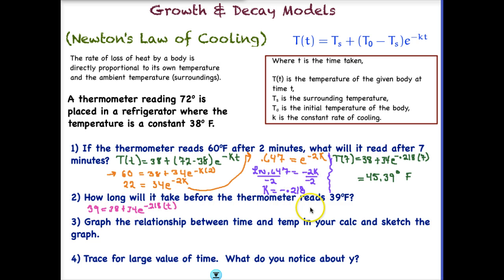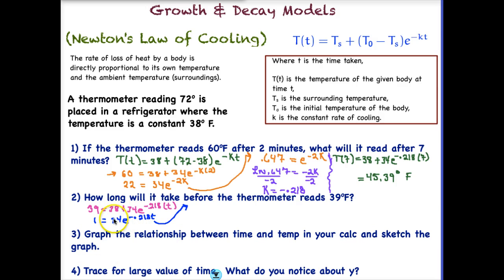Setting up the equation, consider 39 degrees is our future amount, so it goes out here. The rest of the equation stays the same. Now I'll just need to simplify in order to solve for t. First, I'll subtract 38 from 39 to get 1, and then divide both sides by 34.